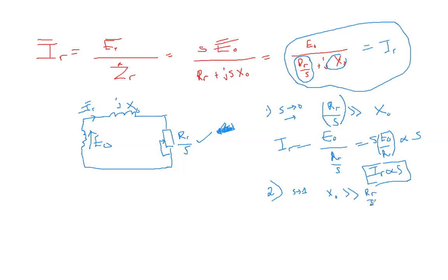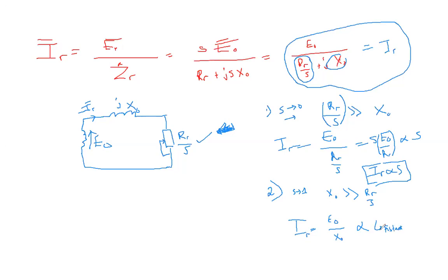Then our current is going to be given by E naught over XS. But these two are constant terms. That means our current will reach a constant value.